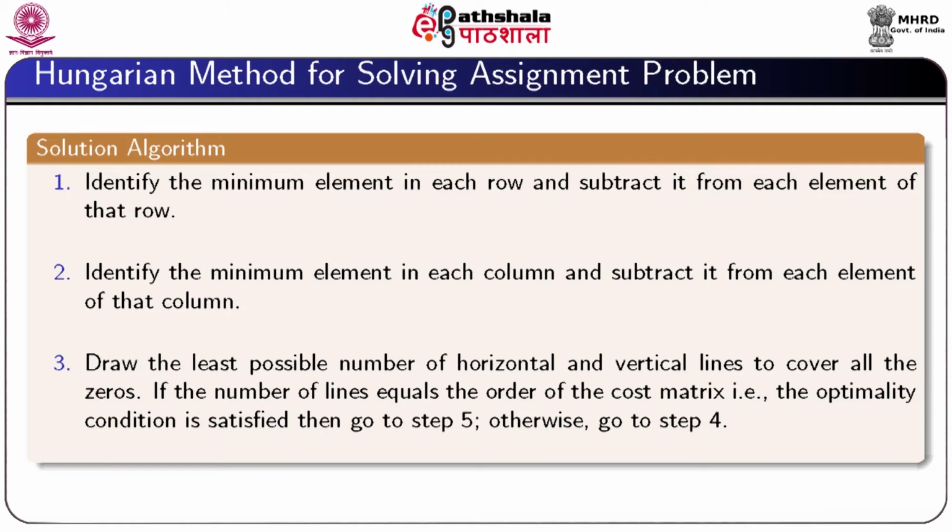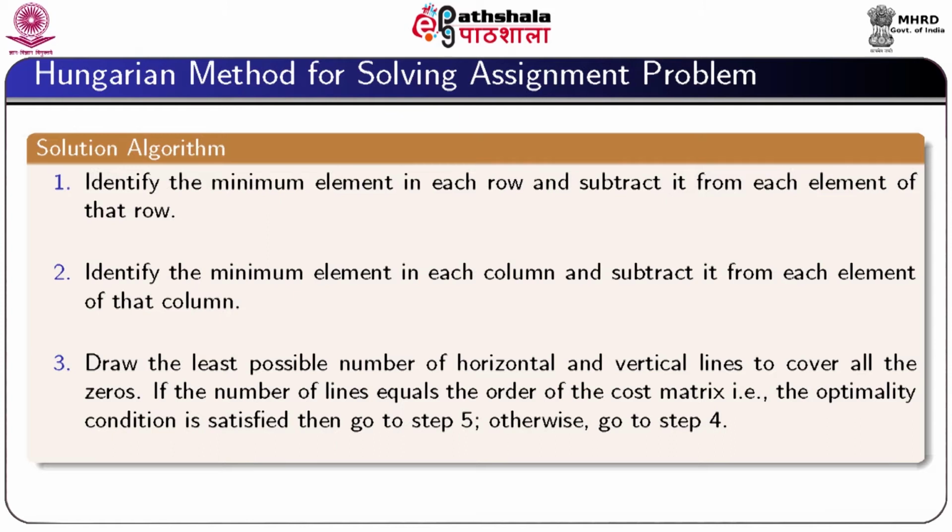First, we have to identify the minimum element in each row and subtract it from each element of that row. And there is no harm in subtracting the minimum element of each row from all other elements, because the optimal solution will not be changed. In step 2, we again identify the minimum element of each column and subtract it from each element of that column.